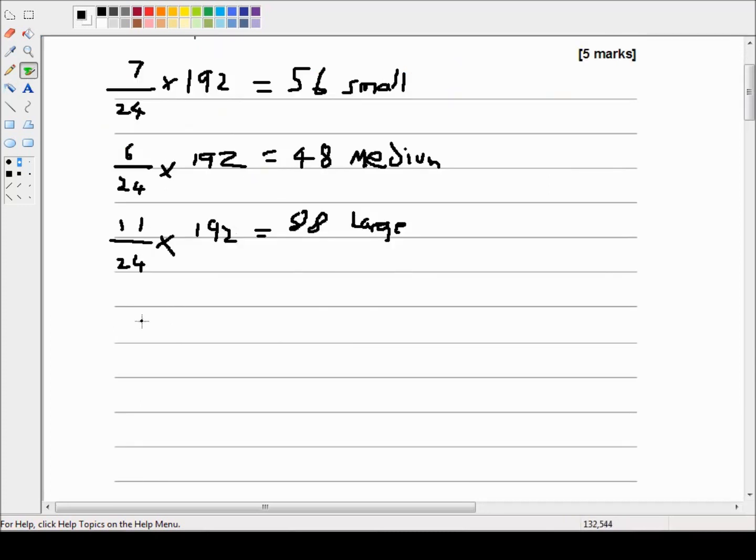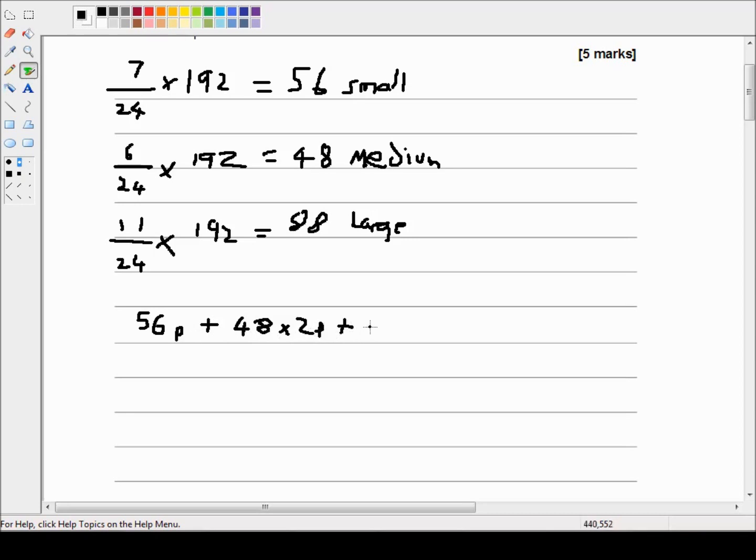So she sold 56 small cakes at a profit of, let's call it little p, not to be confused with pence, plus 48 medium cakes at a profit of 2p, so that's times 2p, plus, p was a really bad choice of variable, wasn't it?